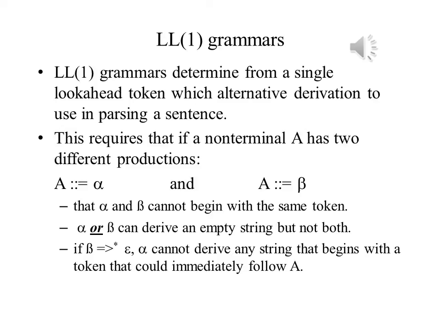If both of these non-terminals could derive an empty string, we could never figure out which one did. Also, if one of these two non-terminals could lead to an empty string, the other one could not derive a string beginning with whatever comes immediately after A, because then we could never tell which production was used.